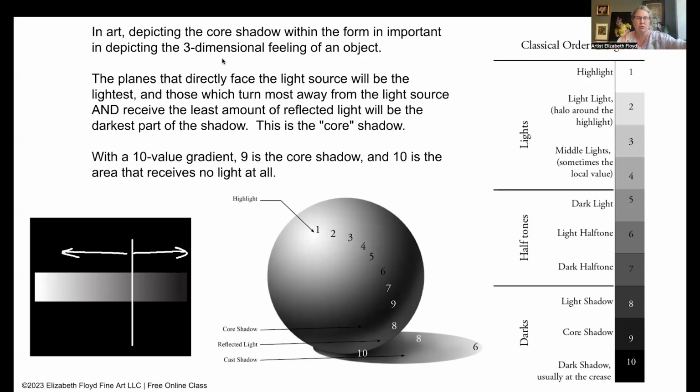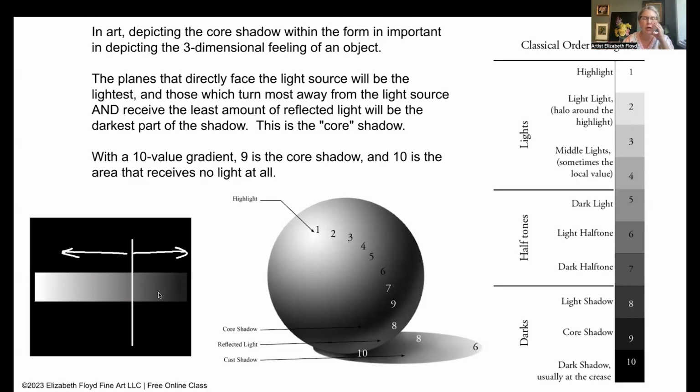Halftones shift to your lights, and your darks are your darks. So, for example, here in this image, you choose where your halftones are, and this is a decision you make while you're painting.